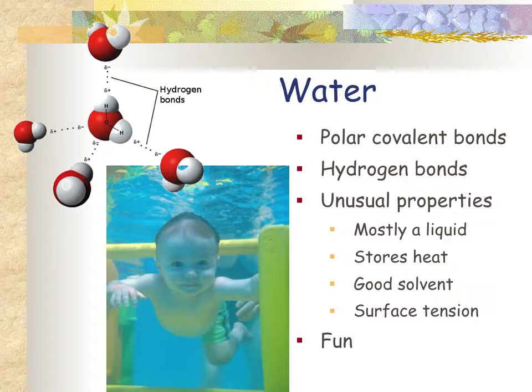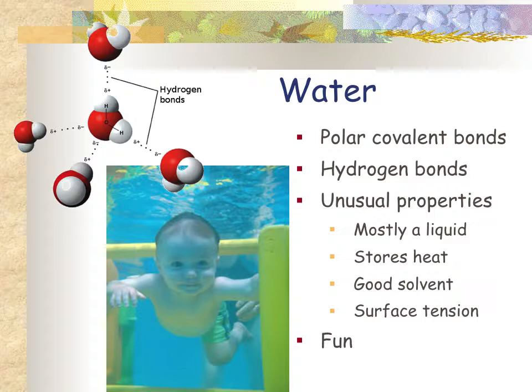What's unusual about these bonds between oxygen and hydrogen is that there's a sharing of electrons, but it's an unequal sharing. They are called polar covalent bonds because the electrons spend more time near oxygen. And that's because the electrons are negative. Oxygen then has a partially negative charge, and the hydrogens then have a partially positive charge.